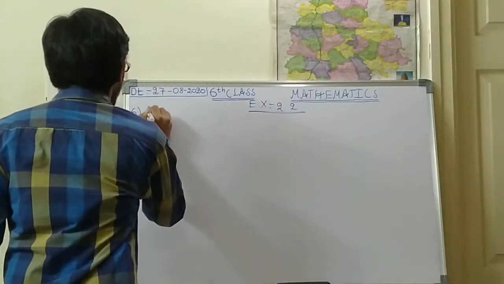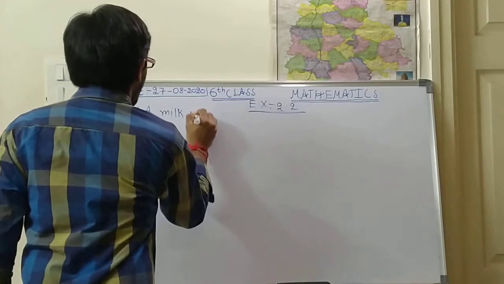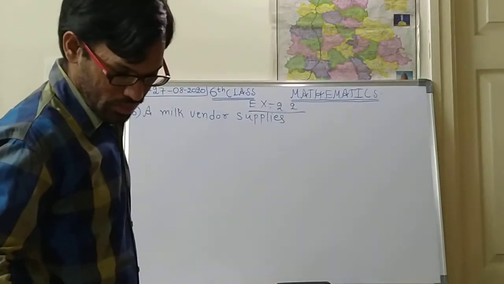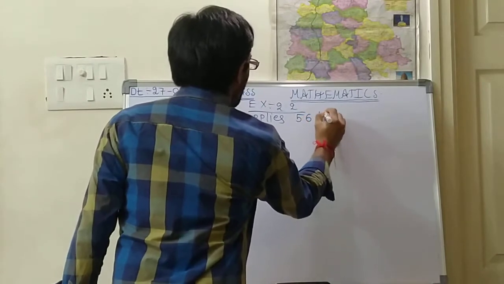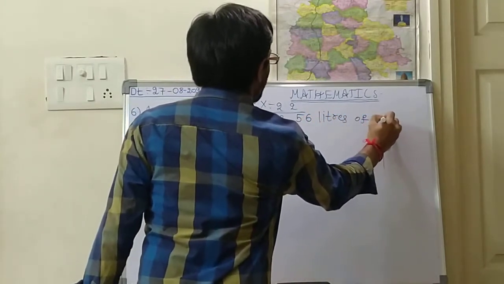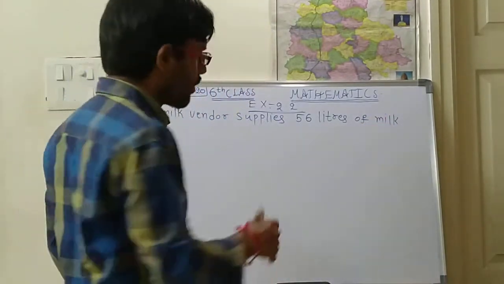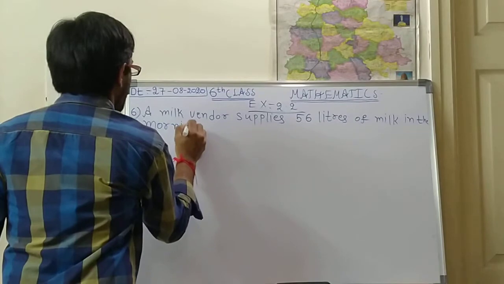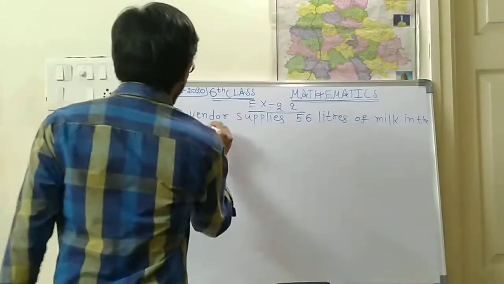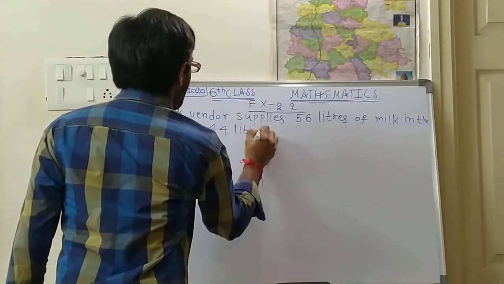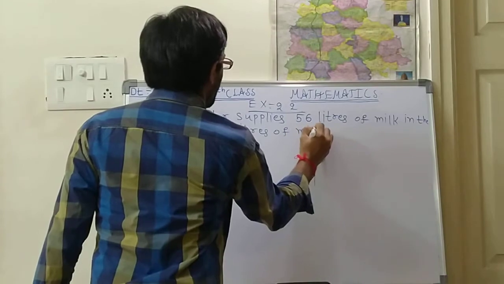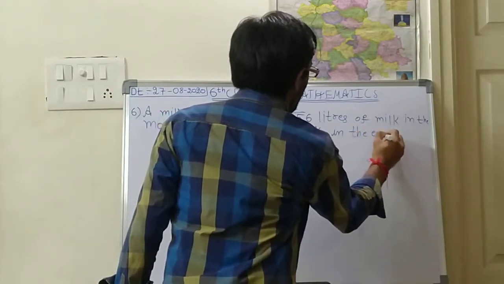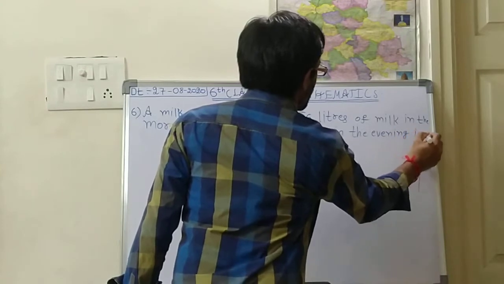A milk vendor supplies 56 liters of milk in the morning, and next 44 liters of milk in the evening, in a hostel.